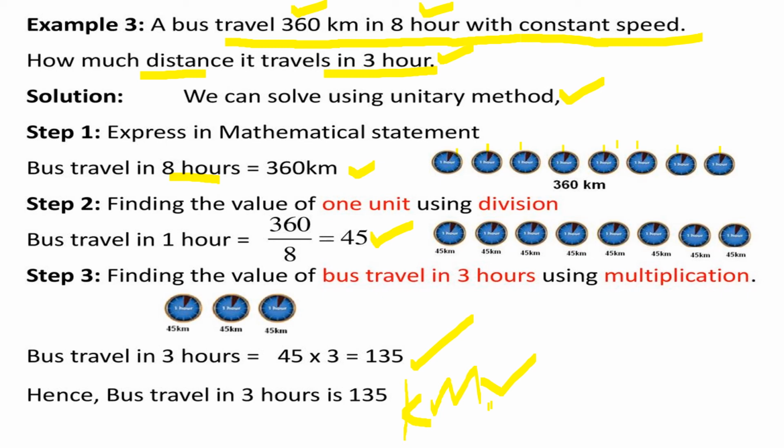So 135 kilometers. Keep it in your mind: when many is given and they ask us to find one, we have to divide. When one is given or found and we want to find many, we have to multiply. So first I found only one, so I divided. Then I wanted to find many, 3, so I multiplied here. Hope you all understand the concept here.